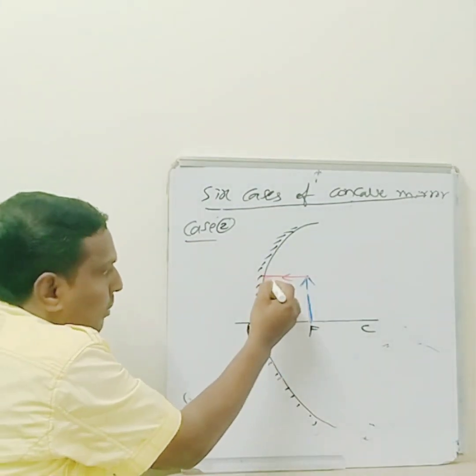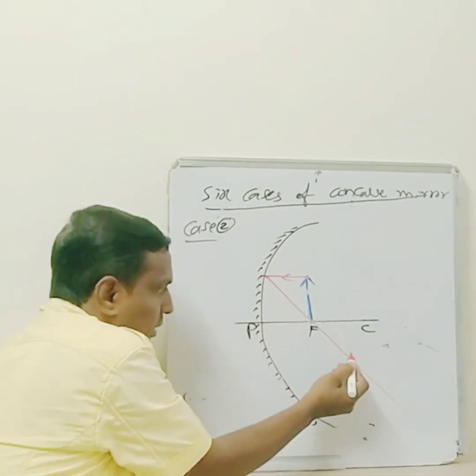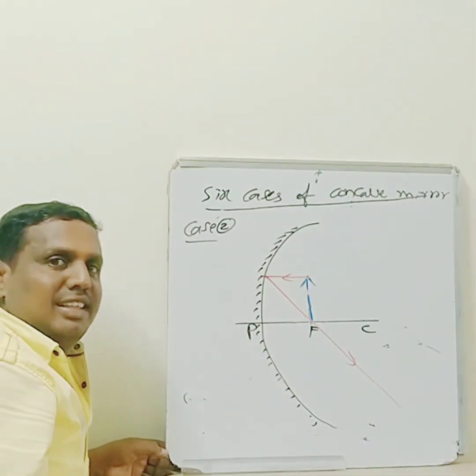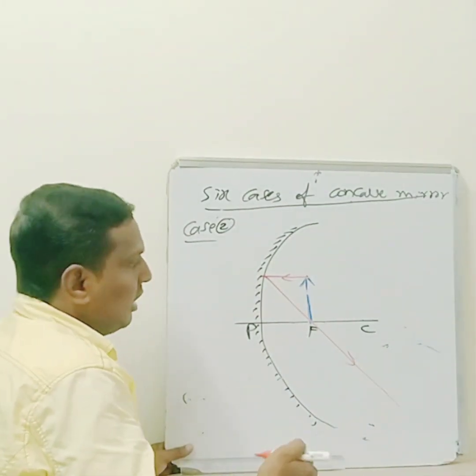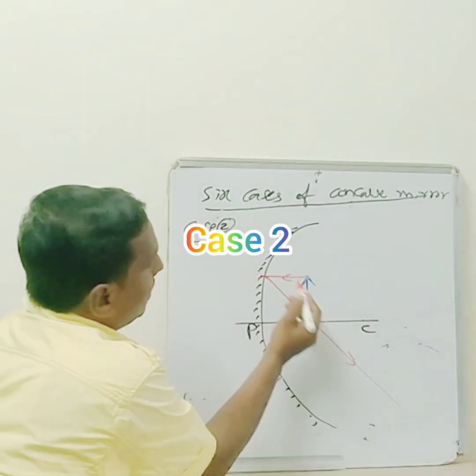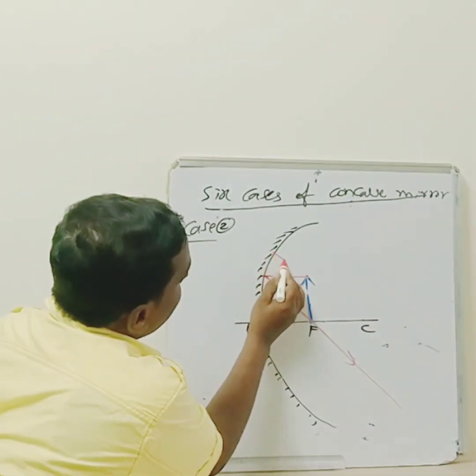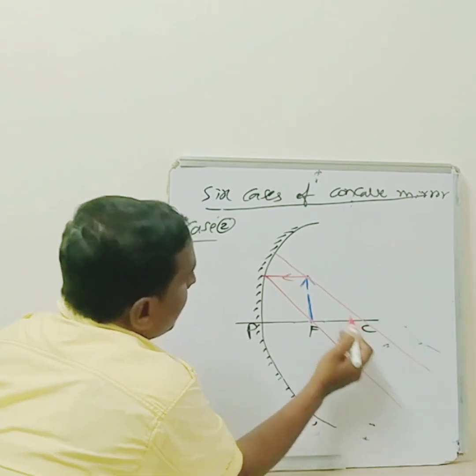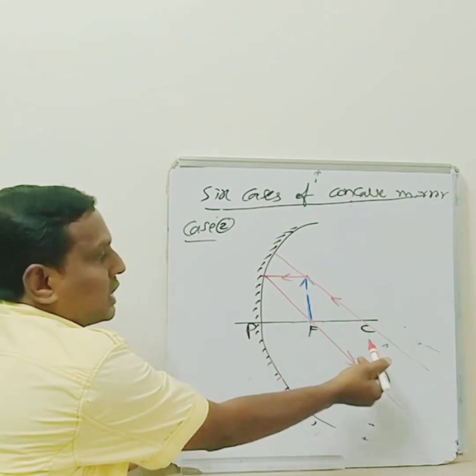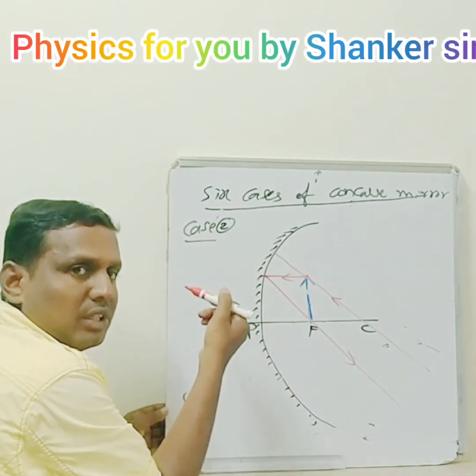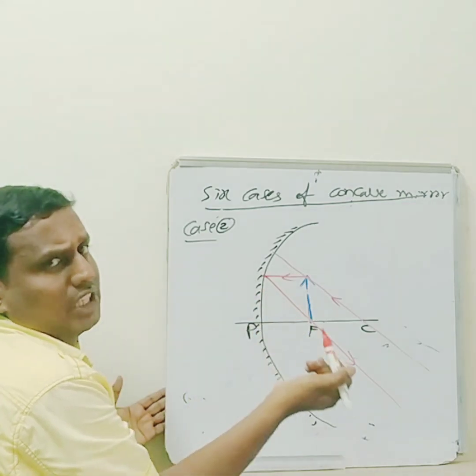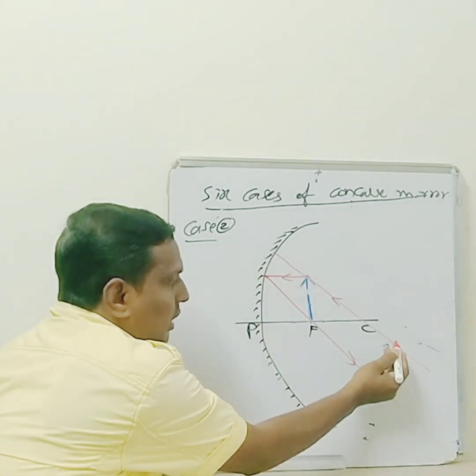What happens? It passes through the focus. Clear? Next, you take rule 3. When the light ray passes through the center of curvature, what happens? After reflection, it passes through the same point, the center of curvature.